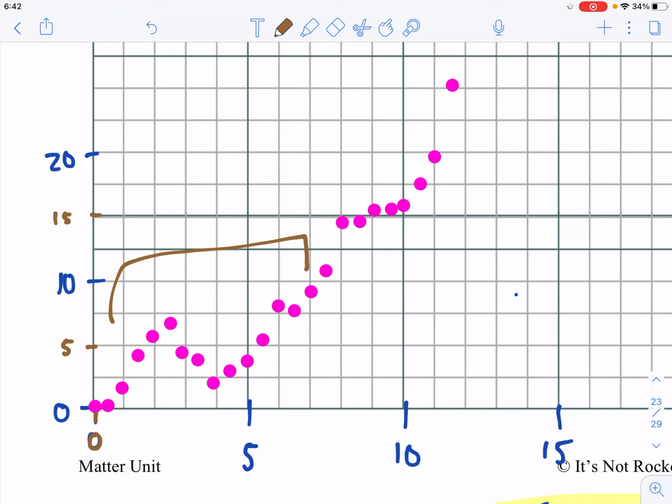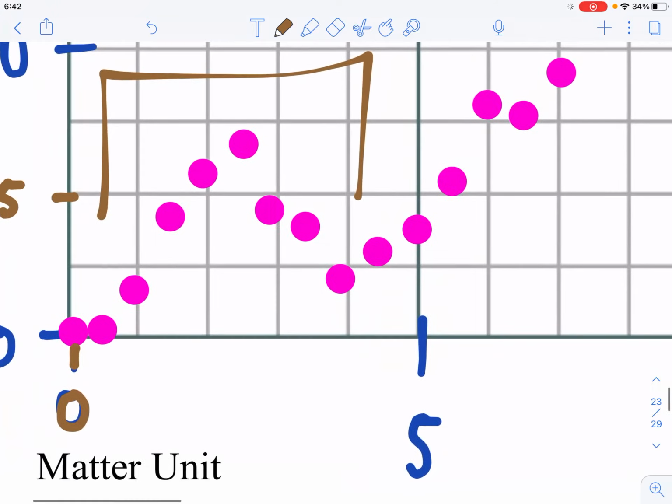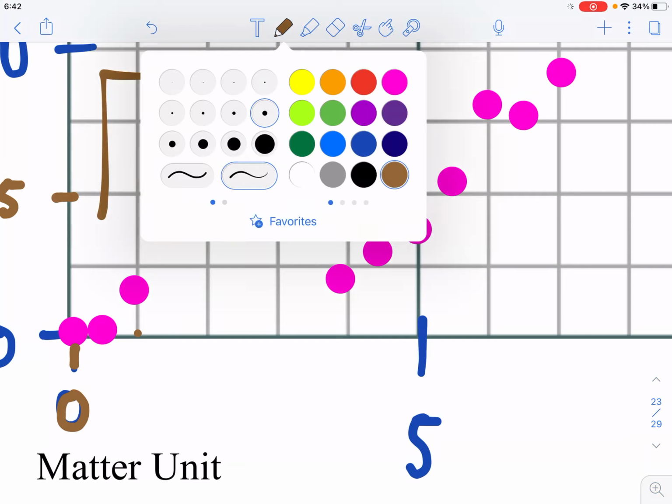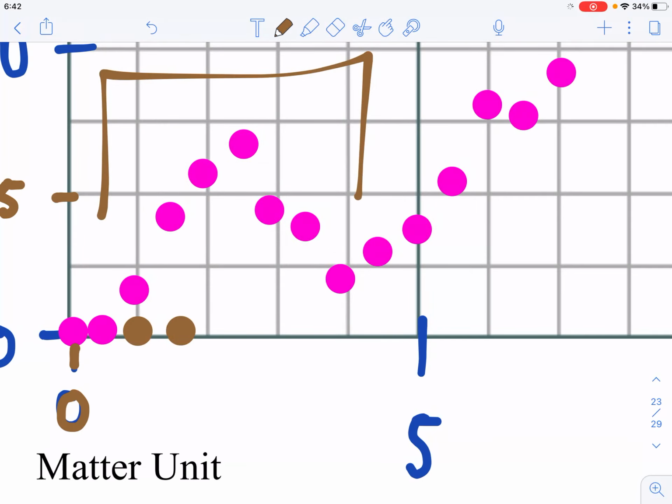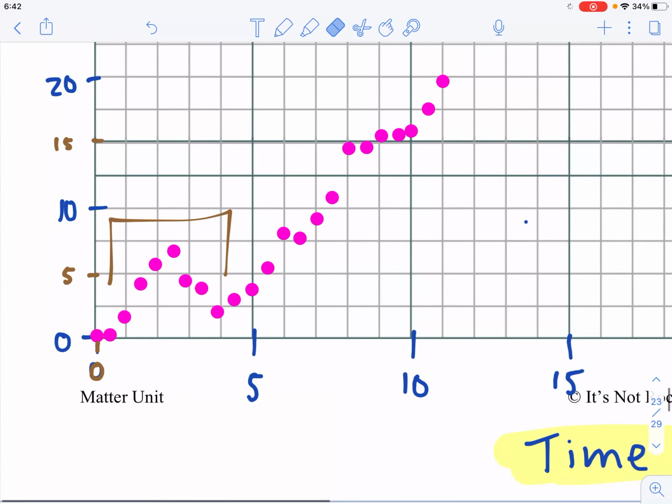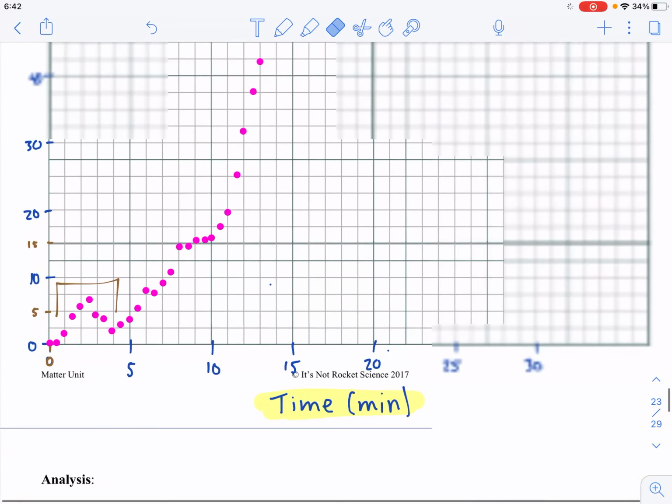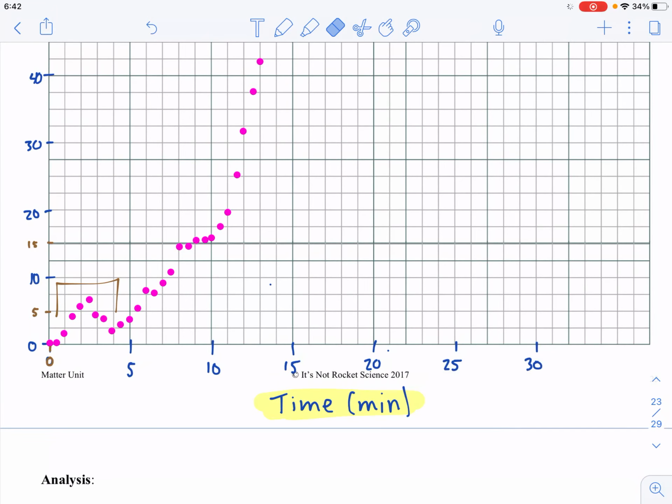It's really just this hump right here. If I'm going to make some dots here, I'll just do them in brown. It probably should have been something like this. But that's our data. We can't do anything about that. Like I said, don't read too much into that. That's just natural from the effects of the uneven heating that takes place.